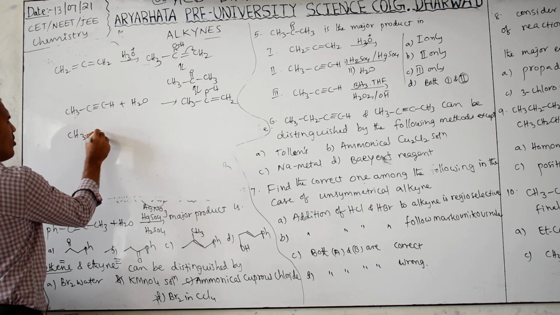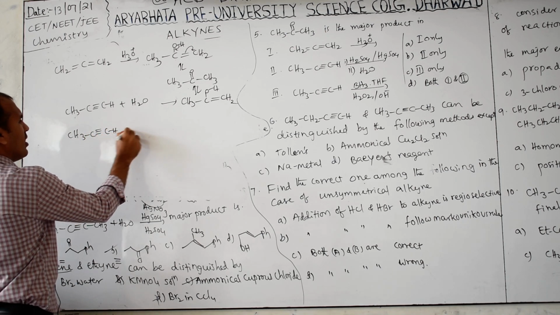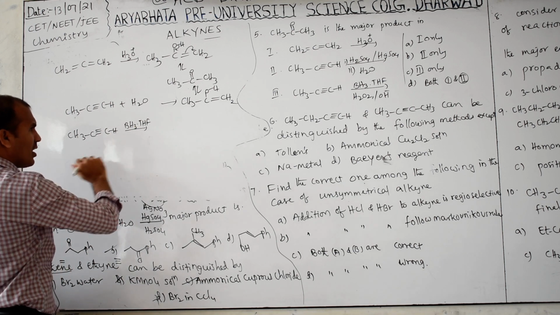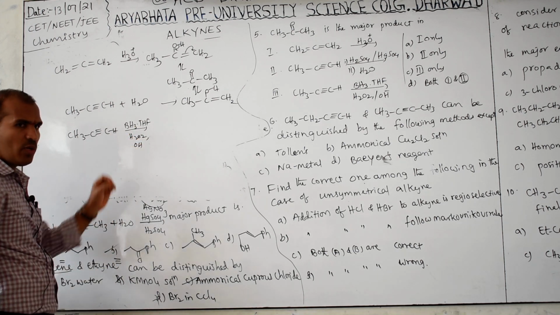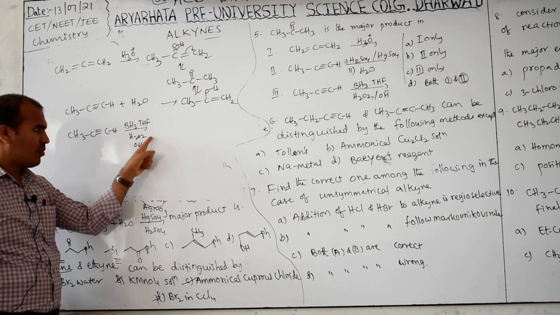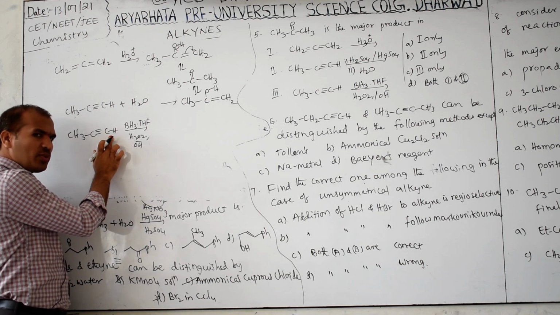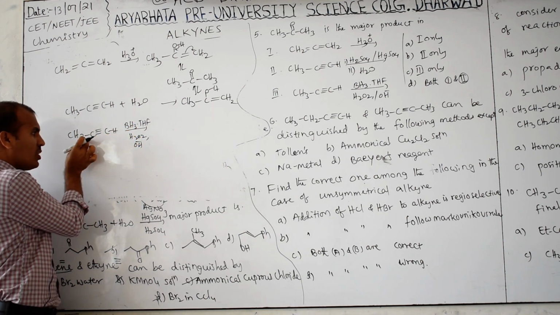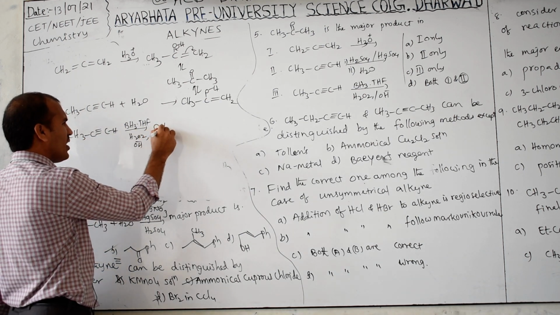Then this one: CH3C triple bond CH. This will come in the second year part actually, but this is an alkyne, therefore they may have given OH minus here. Actually, from this OH minus or water, OH bonds to the right side, the less sterically hindered. Here CH3 is a bulky group, H is a smaller group, that you will know in the second year part.